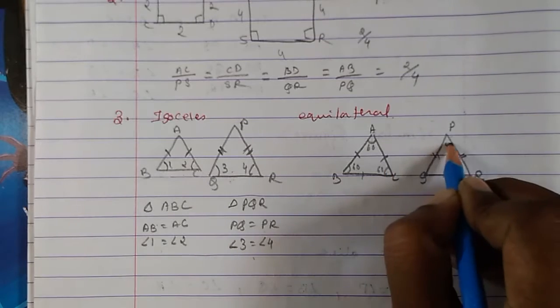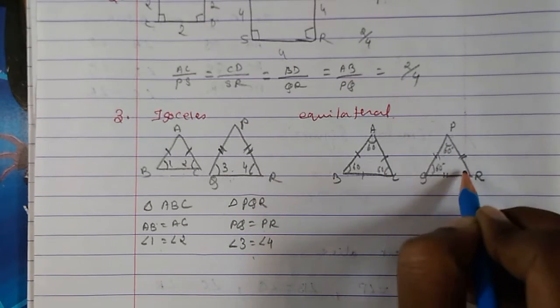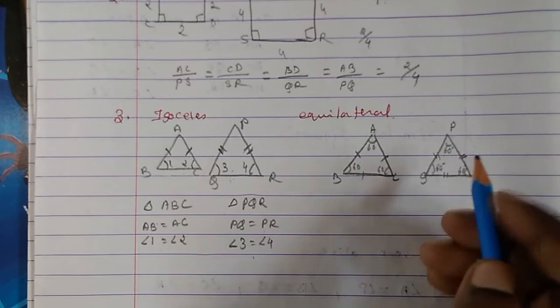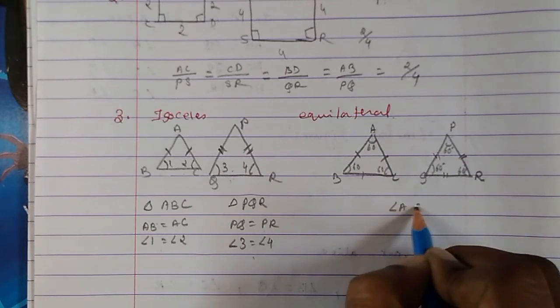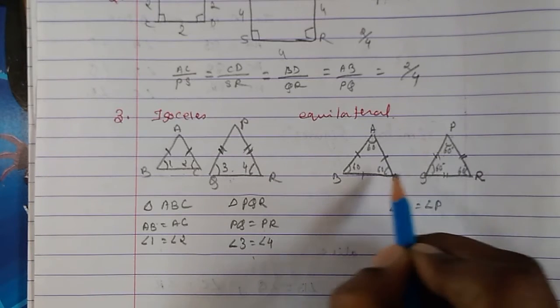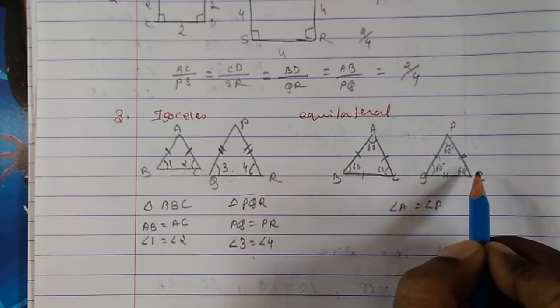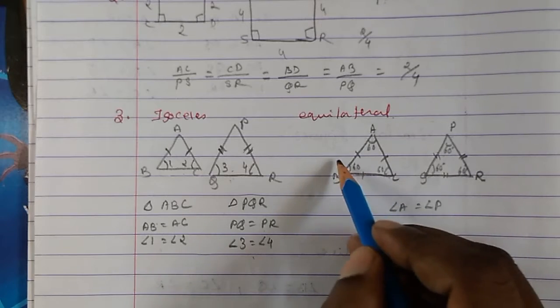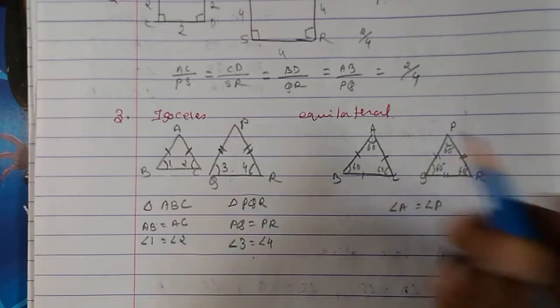This is 60, this also will be 60. This is 60, this also will be 60. So all the angles will be equal. That means angle A is equal to angle P, angle B is equal to angle Q, angle C is equal to angle R. So all the angles are equal, and then the sides can have a ratio.